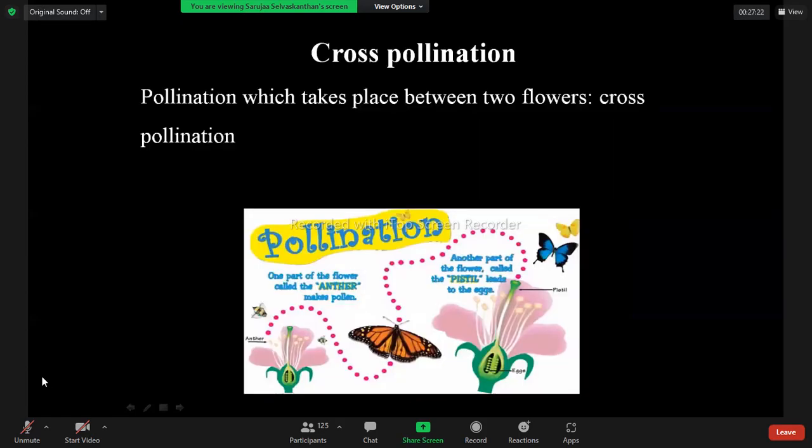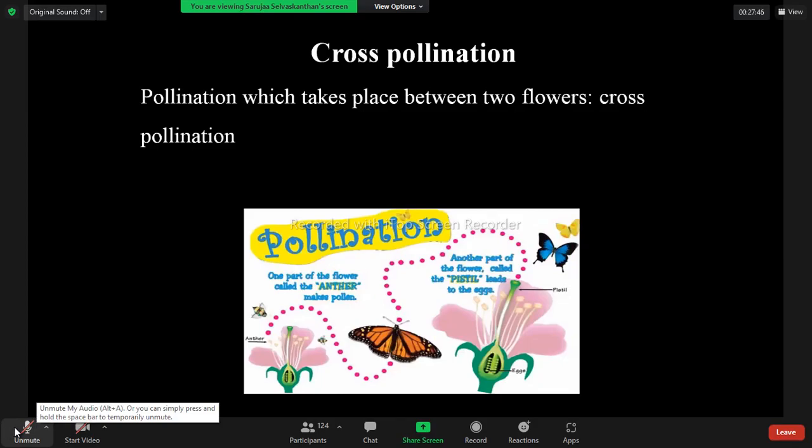Cross-pollination means? What is cross-pollination? For cross-pollination, what is the agent and what is actually needed? What could be the agent for cross-pollination?